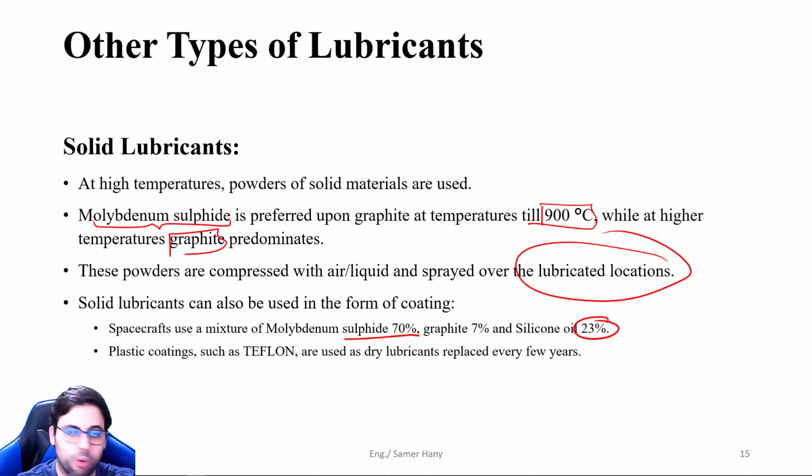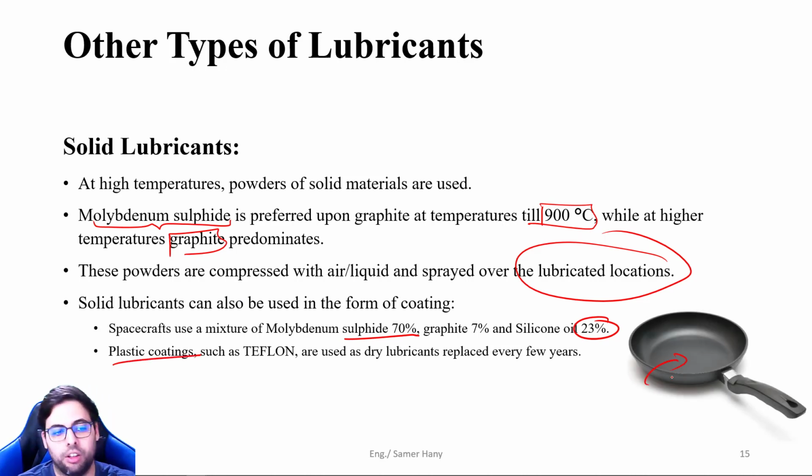And we can also apply a more permanent coat using plastic coatings and polymer coatings like Teflon or the Tefal that we use in cooking. These dry lubricants can make the movement easier because they have a very low coefficient of friction, but even the permanent coats are exposed to damage as time goes by, so they're not that permanent.